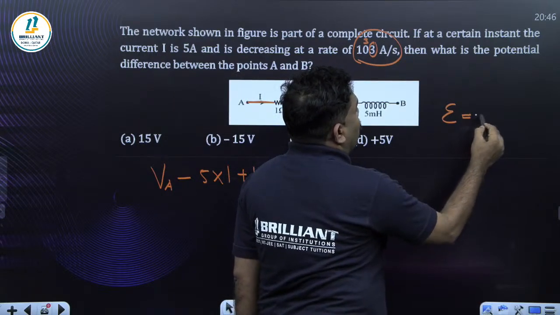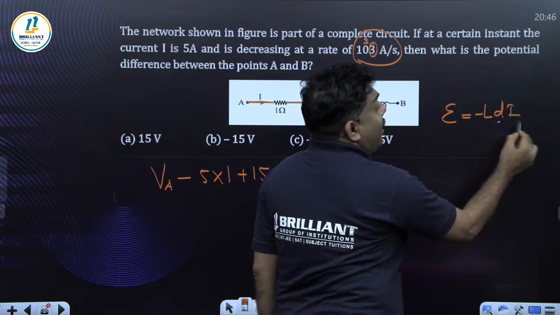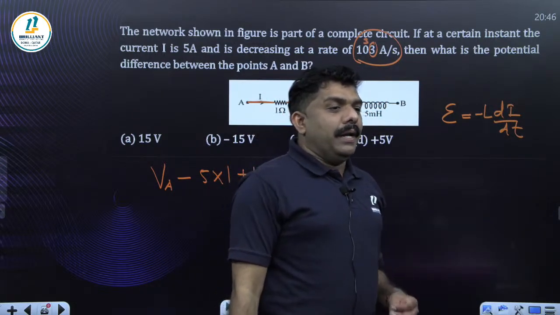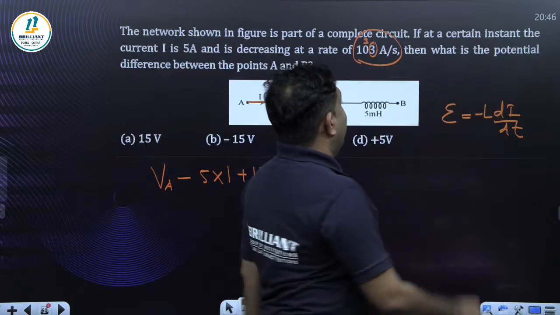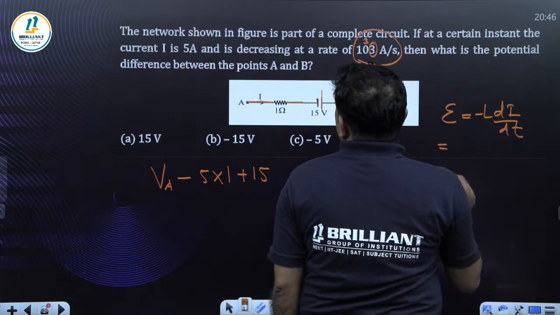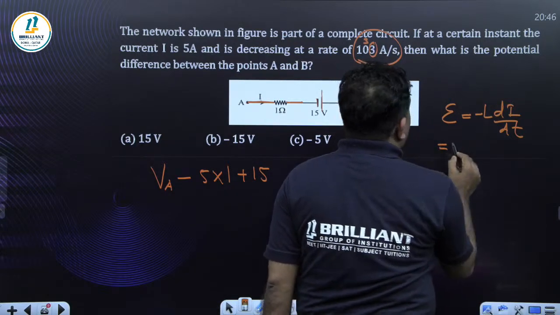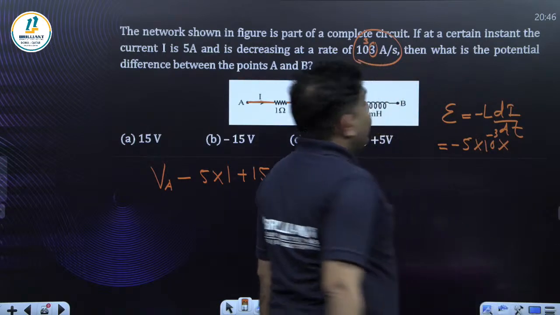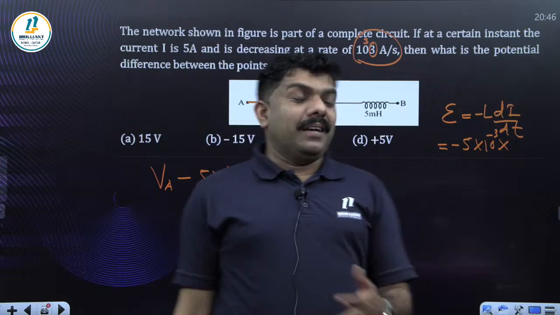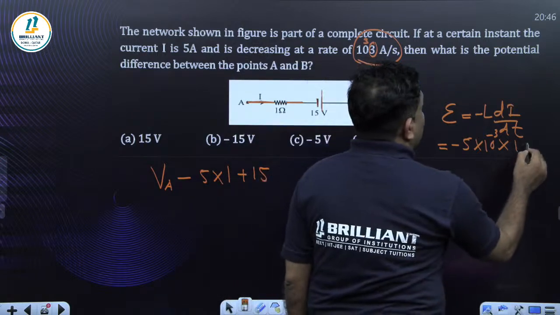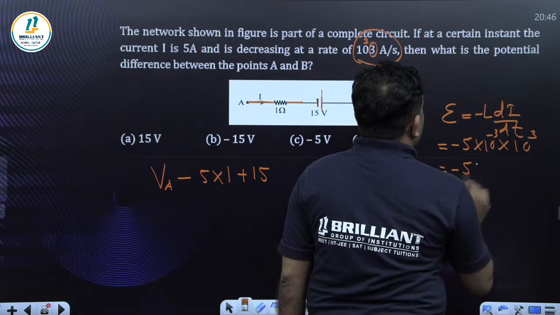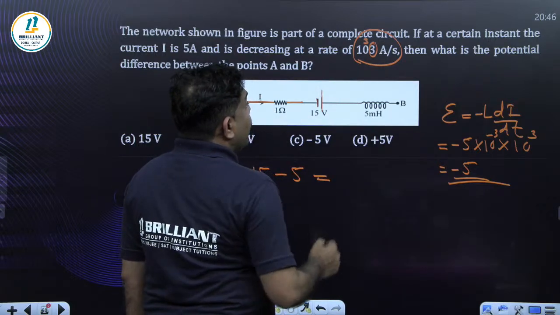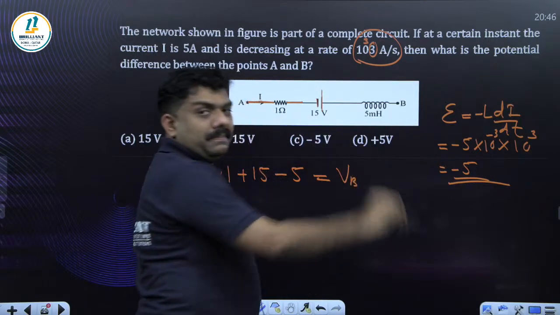E is equal to minus L di by dt. So I can write minus L, with value given here as 5 into 10 raised to minus 3, and di by dt given as 10 raised to 3. So that is minus 5.